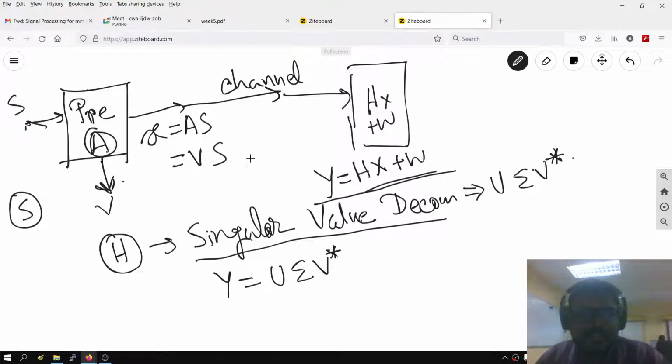So we replace x with Vs. What is singular value decomposition? In this decomposition, U and V are unitary matrices.